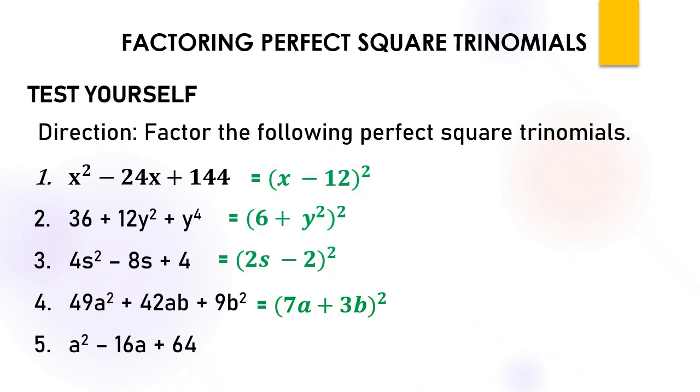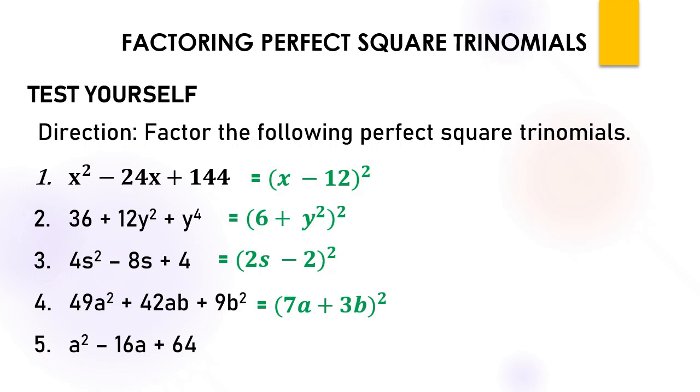For number 5, our given expression is a squared minus 16a plus 64. Factor this trinomial. To factor it, we have to identify if this expression is a perfect square trinomial. As I see, a squared minus 16a plus 64 is a perfect square trinomial because the first term and the last term here are perfect squares.